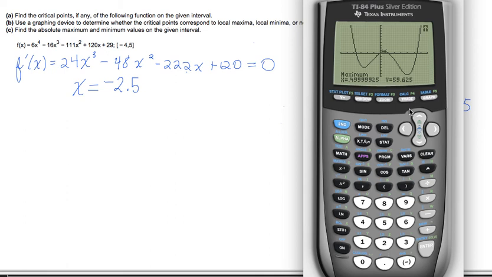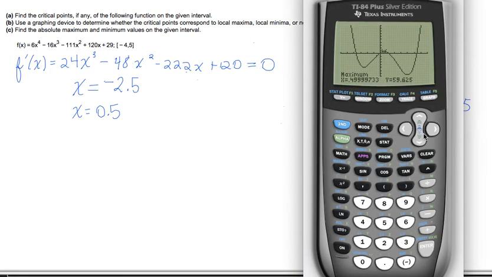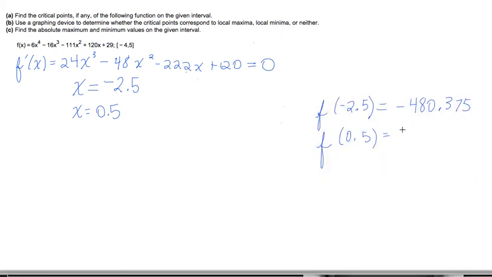I'm actually going to try it again and see if I get the same or a different answer. Do max. Okay, left bound, right bound, enter. No, same thing. I'm going to go with x is a half though. And f of 1/2 is 59.625.